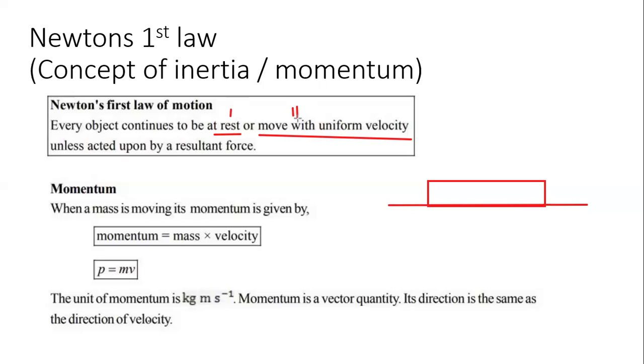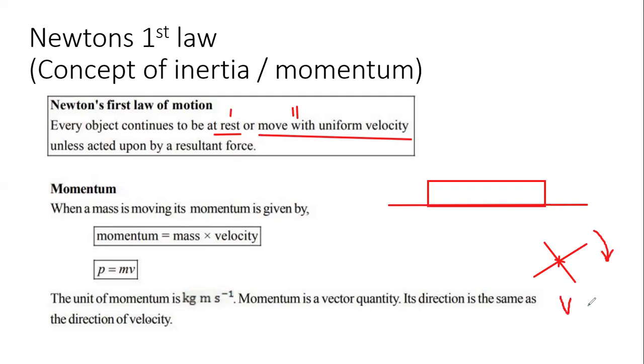Let's take as an example a ceiling fan. Let's say this is the rotation axis. So this is a ceiling fan, and let's say it is at a constant speed. So it is rotating with a constant velocity.